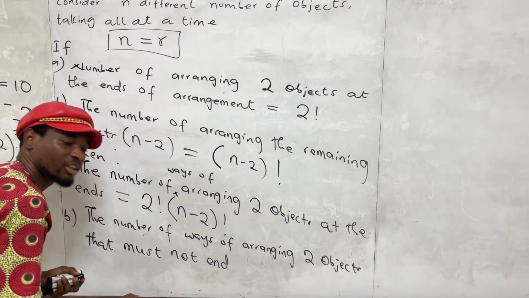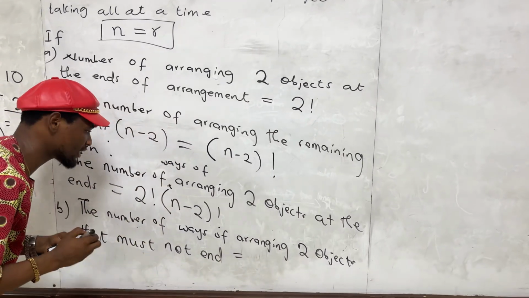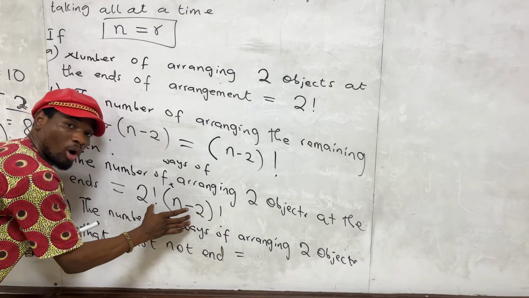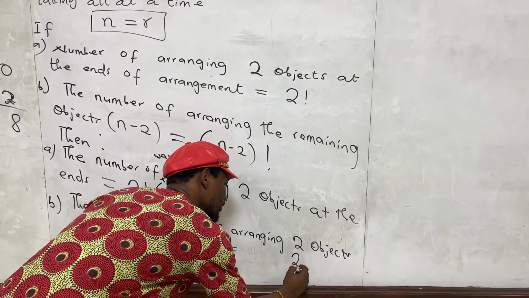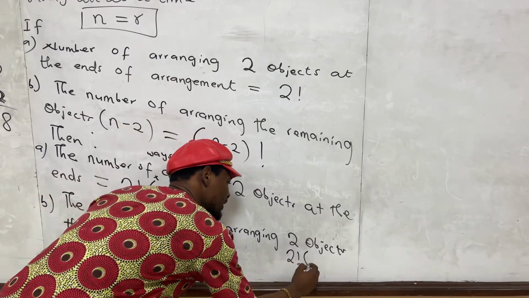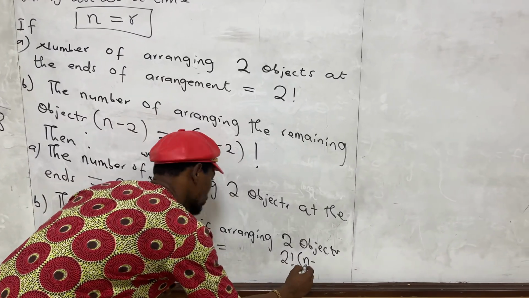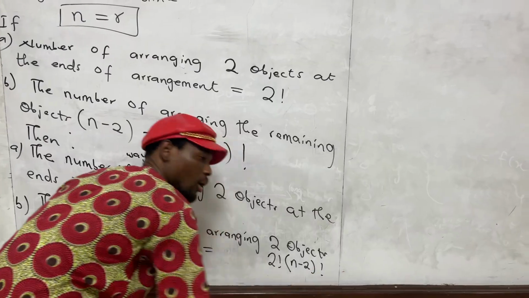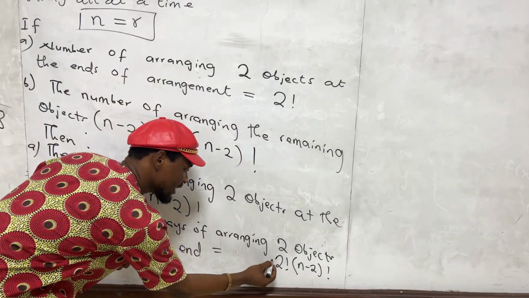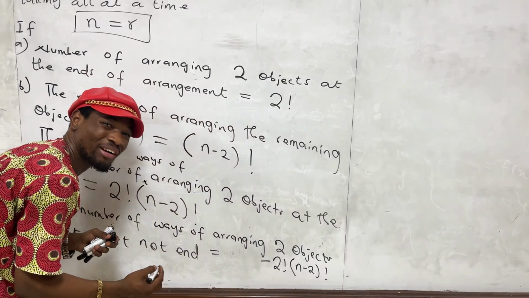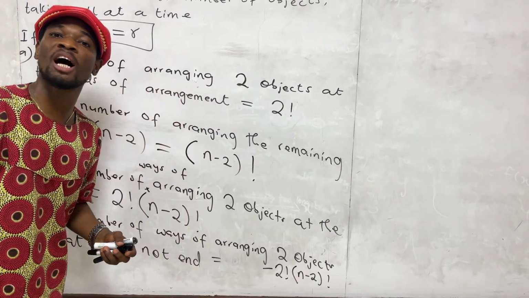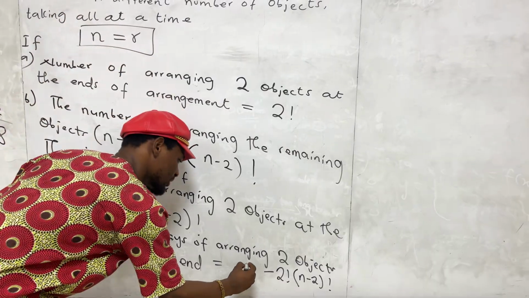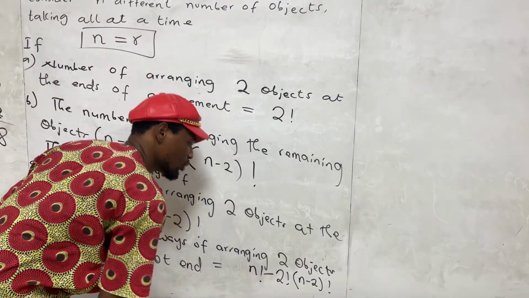It's also given by, viewers, you just copy and paste this expression there. We have 2 factorial times n minus 2 factorial. Then you subtract this, okay? In order we are looking for the remainder, the remaining. So you subtract all this from the total number, which is n. So I have n factorial.